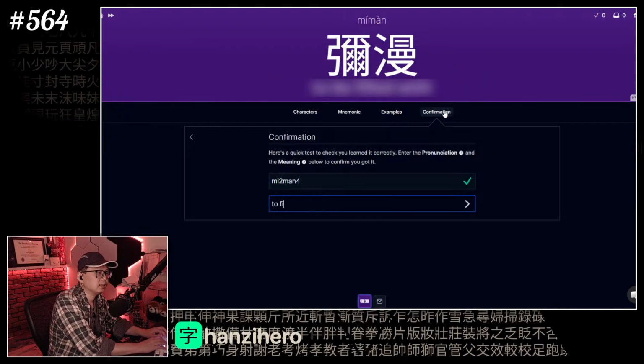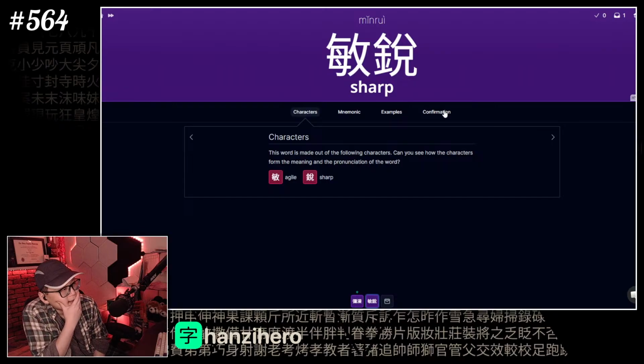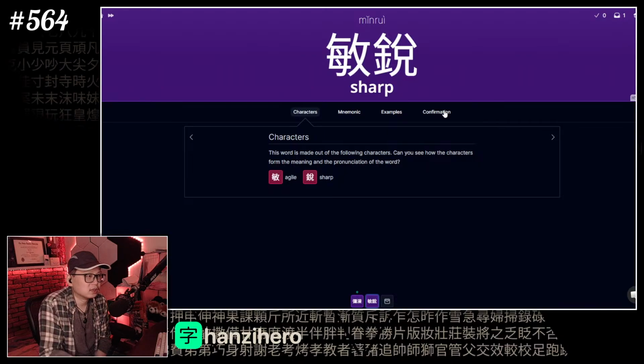弥漫，敏锐. 敏锐, Ming is agile, right? Agile is so weak. Ming Ray. What the Ray? Sharp? Oh no, these two are really weak. And sharp as in like dexterous sharp. Yeah, I would say dexterous sharp, right?